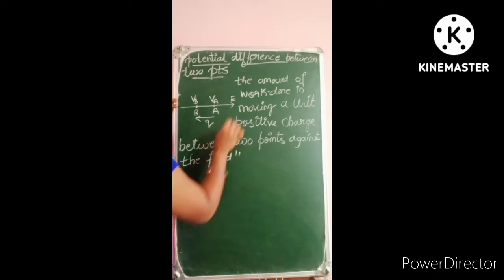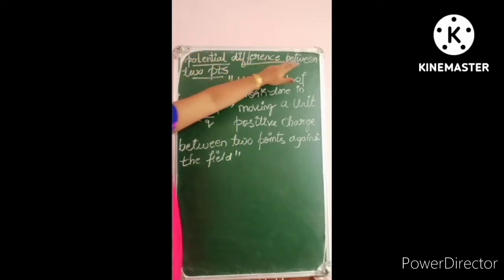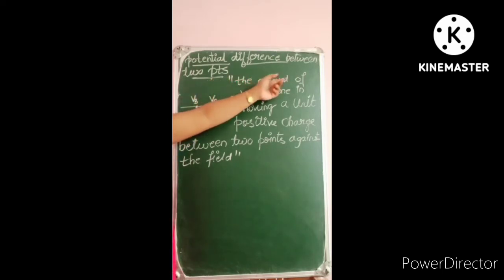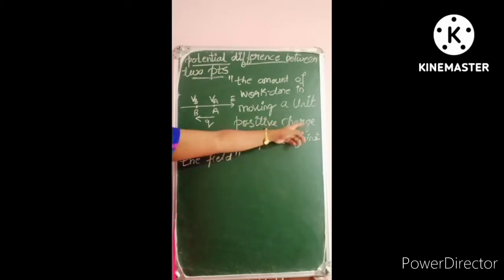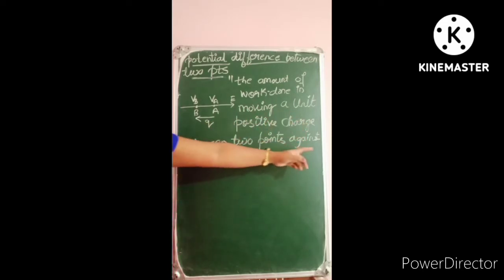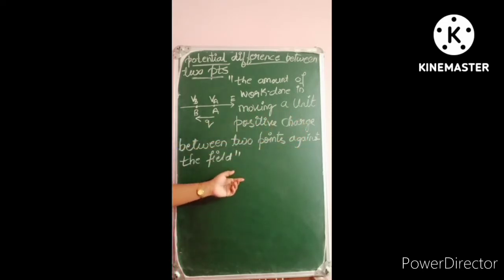Okay, this is how you define the potential difference between 2 points. It is nothing but the amount of work done in moving a unit positive charge between 2 points against the electric field. Okay, for that we have considered the 2 points A and B.